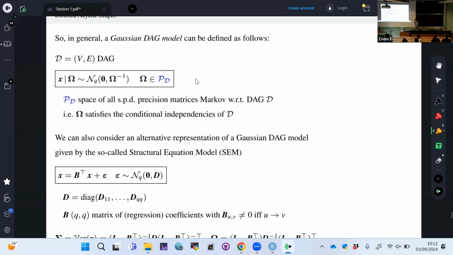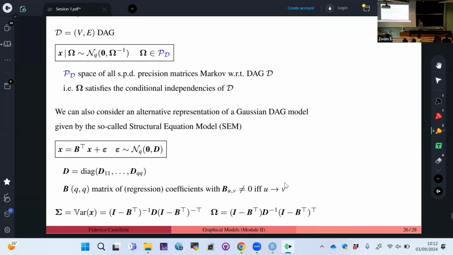If we want to establish a connection between constraints in the parameters and missing edges in the DAG, we need to rely on another parameterization, which is based on the so-called structural equation model representation of a Gaussian DAG model.